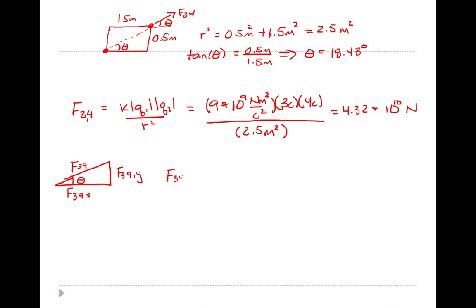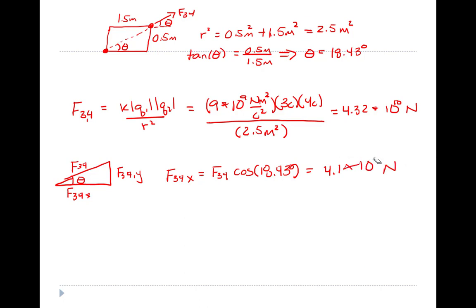So F34x will be F34 cosine of, what was it, 18.43 degrees. And when we put the 4.32 times 10 to the 10 newtons in and multiply by the cosine of 18.43 degrees, you get 4.1 times 10 to the 10th newtons.